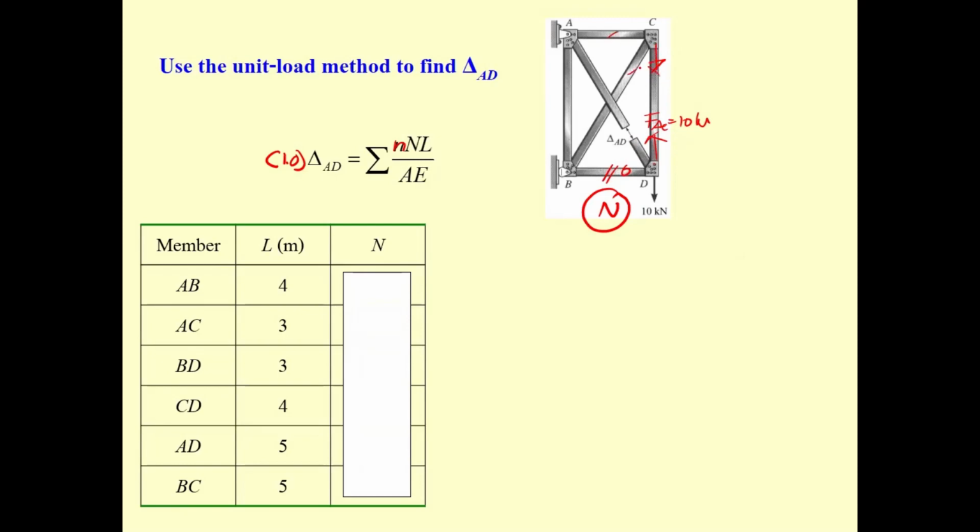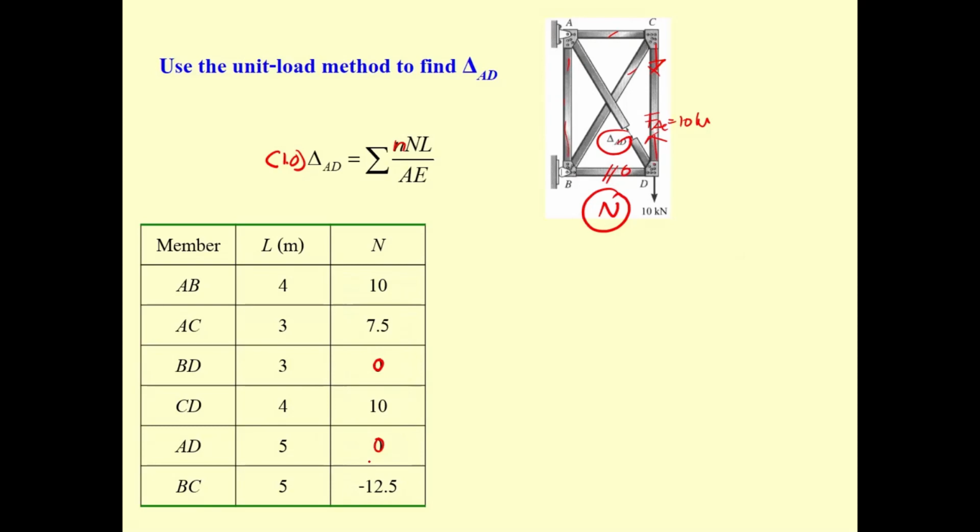Then you can determine the force in these two members, and then you have the force BD equal to 0, and the force in member AD is going to be 0. Okay, AD has no member, so the force in the member AD is going to be 0.